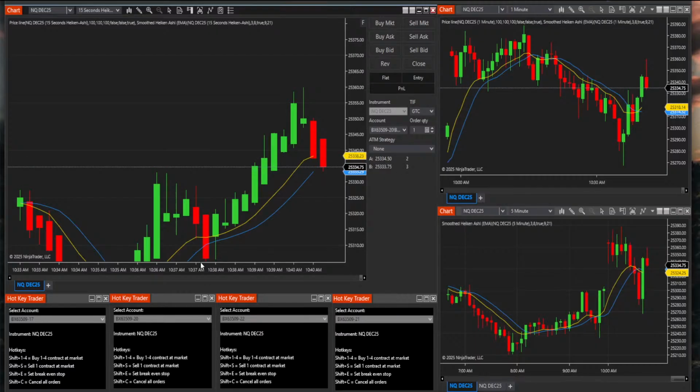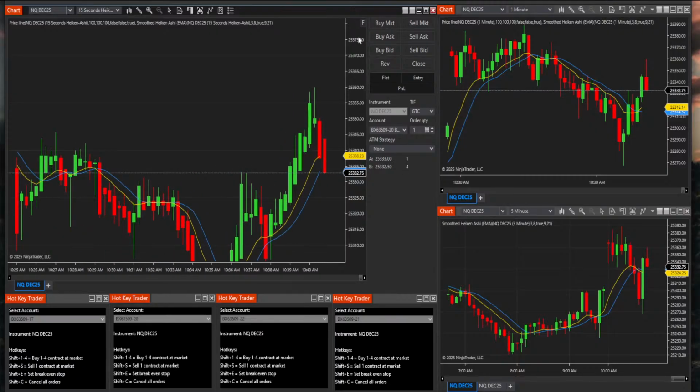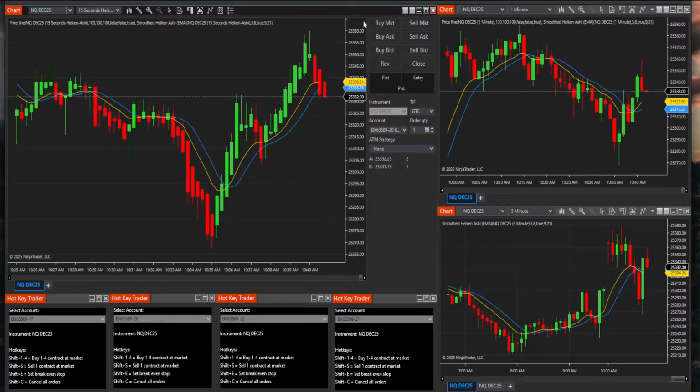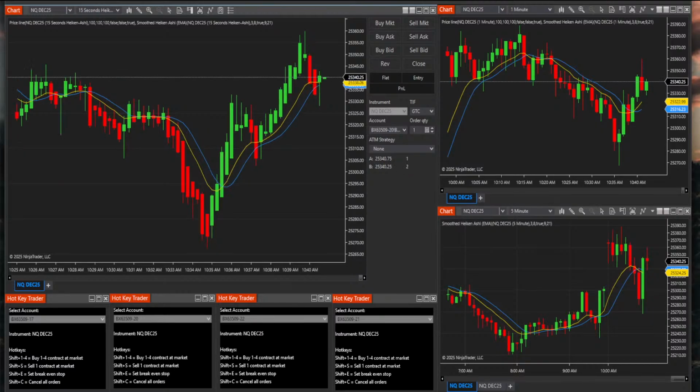Okay, let's take a look at this. So the algo took a trade. 2022, but the strategies are the exact same. So why did that one get stopped out? That one, sync false.